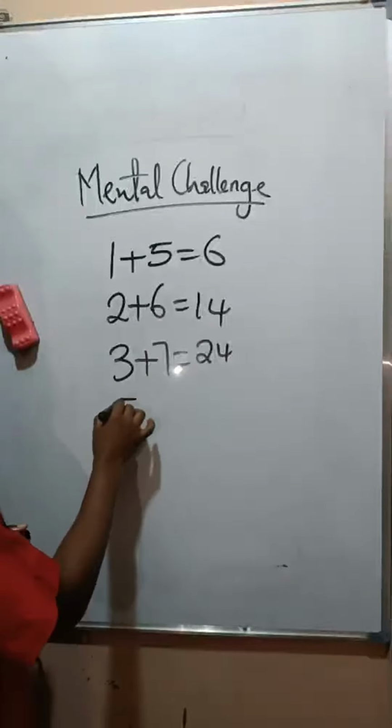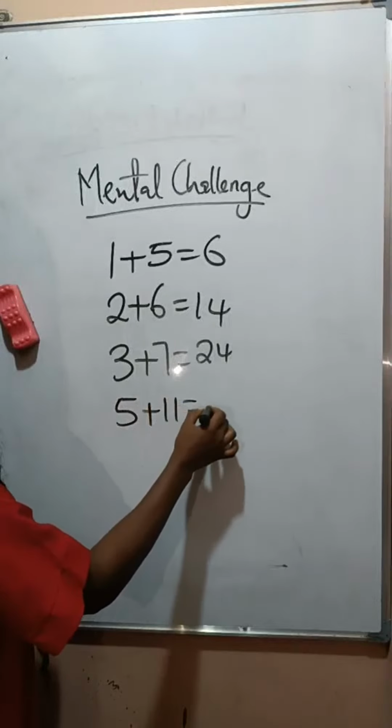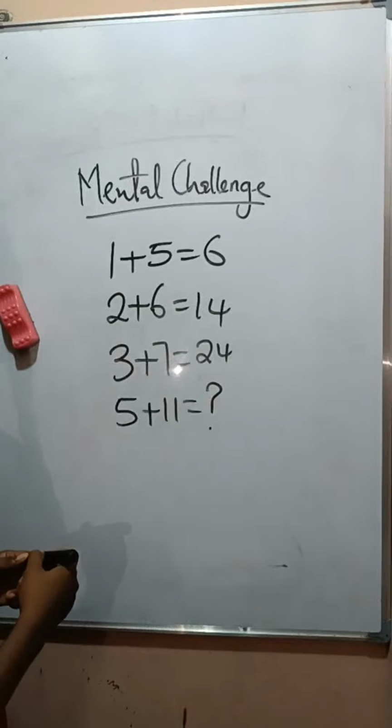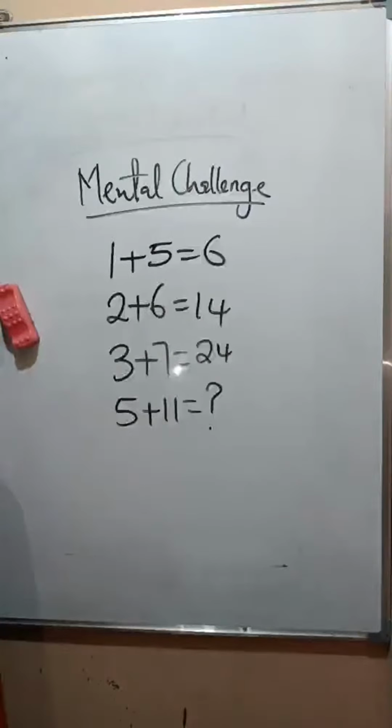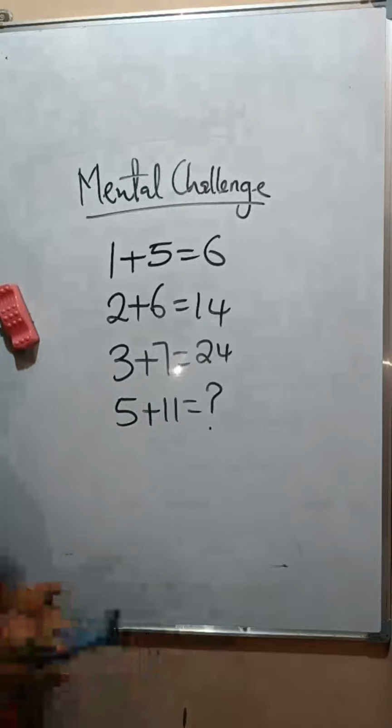Now what is 5 plus 11? So let's go. 1 plus 5 is 6. 2 plus 6 is 14. 3 plus 7 is 24. Now what is 5 plus 11?